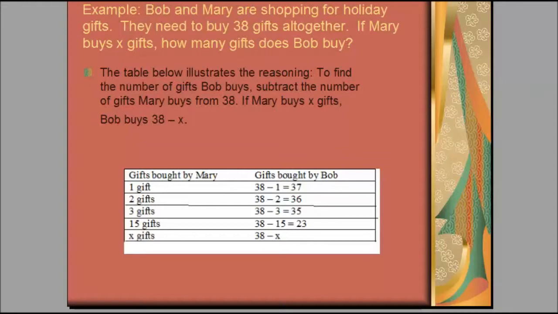If Mary buys 3 gifts, Bob buys 38 minus 3, which is 35. If Mary buys 15 gifts, Bob buys 38 minus 15, which is 23. And if Mary buys X gifts, Bob buys 38 minus X gifts.